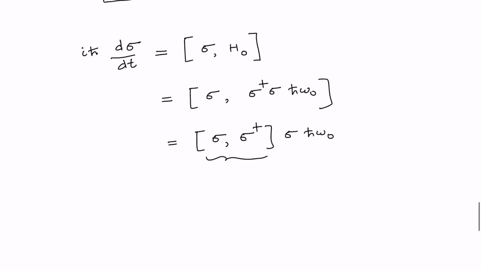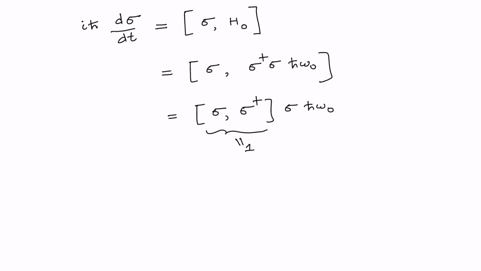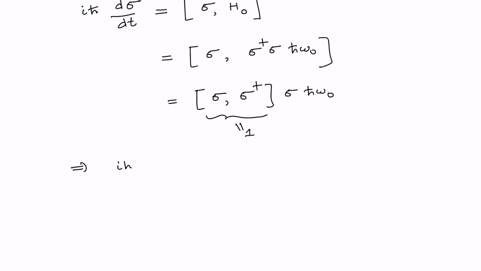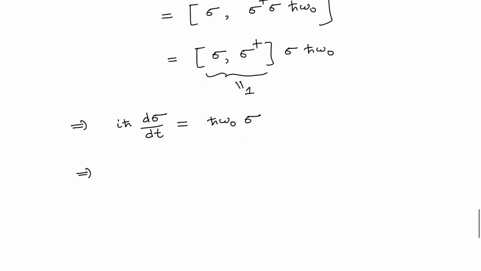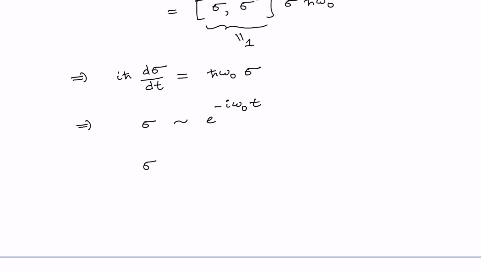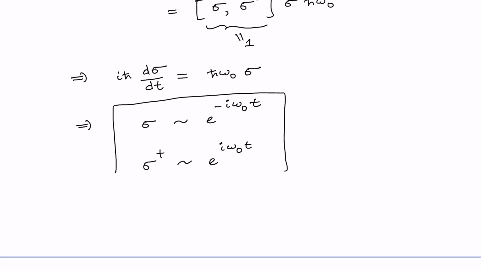Now it is very trivial to show the commutator, so I am left with iħ dσ/dt equal to ħω0 σ, and from here I can easily see that σ evolves in time as e to the power minus iω0t, and similarly σ† evolves as e to the power plus iω0t. So this clearly gives you an idea how the atomic lowering operator and the atomic raising operator evolve with time.